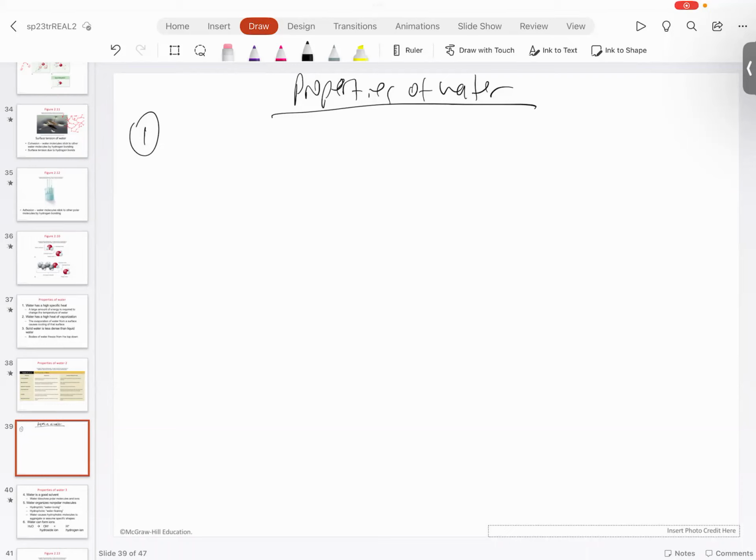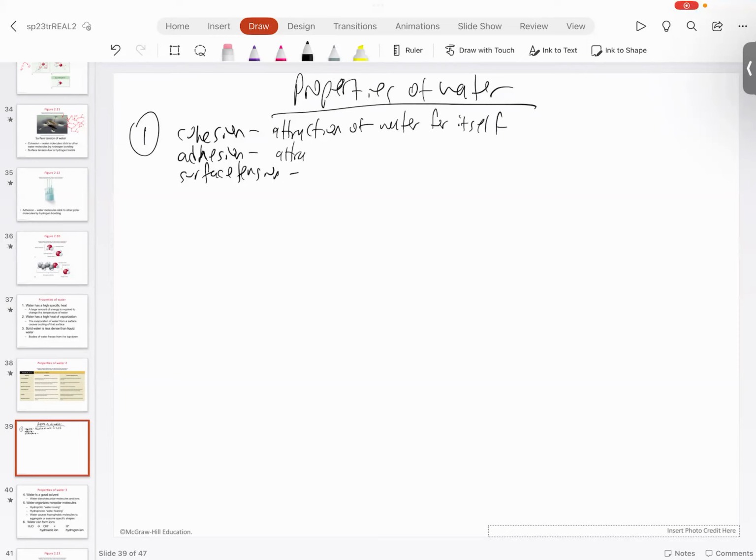The first three properties are somewhat related to each other, and I tend to lump them together. So we take a look at cohesion, adhesion, and surface tension. I'm going to define these. Cohesion is the attraction of water for itself.